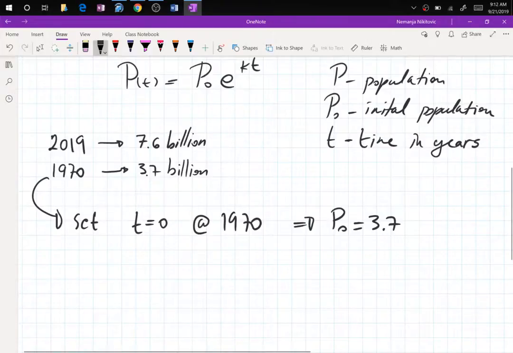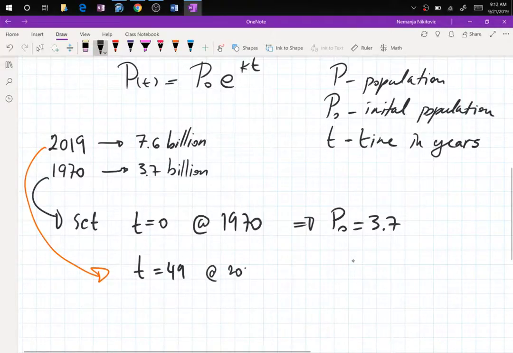You can set any year you want as initial population. So we are going to set 1970 as year 0, which would make 2019, right? That would immediately make 2019 to be t equals 49, right?